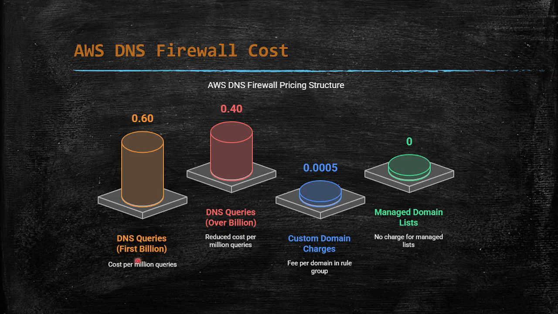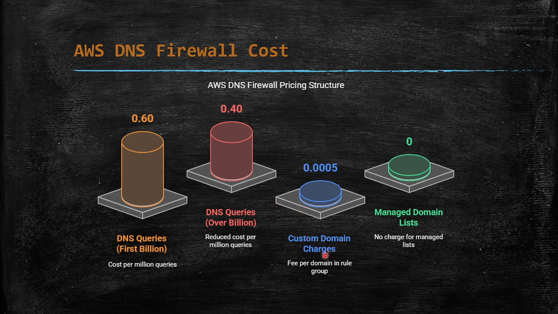That's huge, a billion requests happening from a server, and it costs only $0.60, so it's very cheap. After crossing a billion, the cost reduces: it costs $0.40 for requests over a billion in that month.